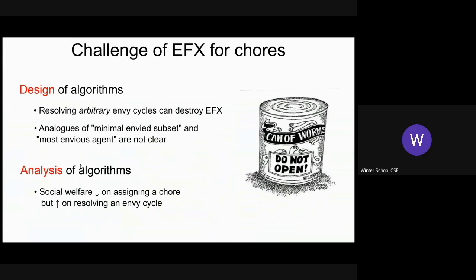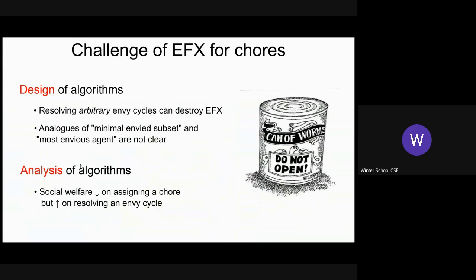Another potential difficulty comes from the charity idea, where we saw minimal NV subsets and most NV agents. It's not clear how to define a minimal NV subset for chores. For goods, we drew this tree and went down the tree, removing items until none of the children nodes are NV. But for chores, if you remove stuff, it becomes even more enviable.